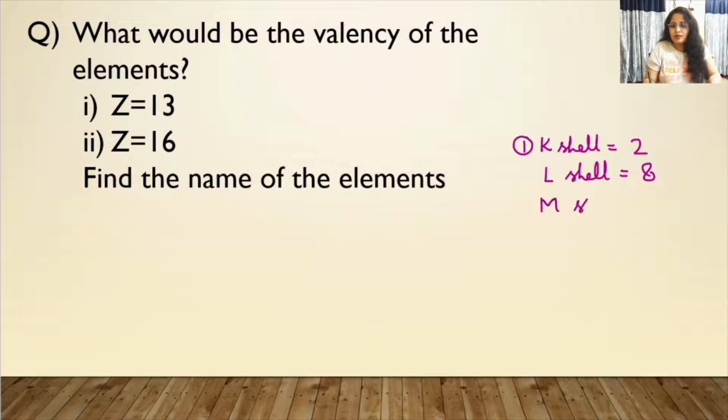For M shell, 18, and so on, then 32. The second point is that the outermost shell has a maximum of 8 electrons.